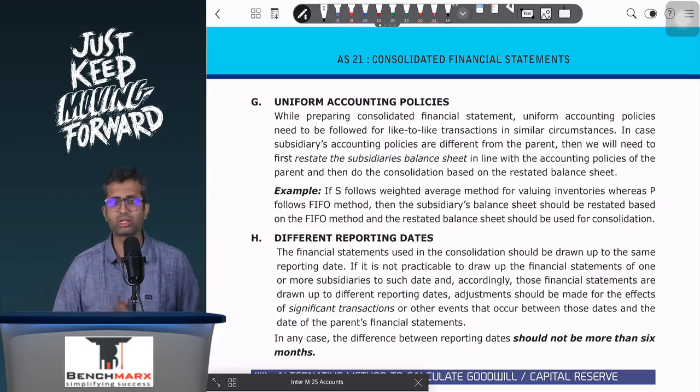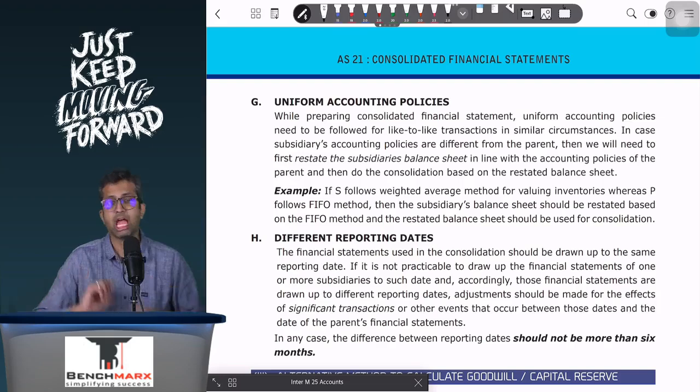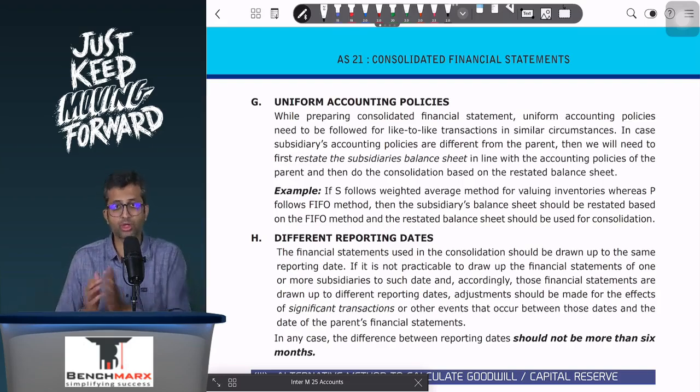What are the examples of different accounting policies? It is possible that parent follows FIFO, subsidiary follows weighted average. Then you will have to restate the subsidiary's financials as per the parent's policies. So, for example, the closing stock of the subsidiary is 100 as per weighted average. As per FIFO, the stock would have been 120, and hence you will increase the closing stock. So, if your closing inventory increases in the balance sheet, the second effect has to go somewhere.